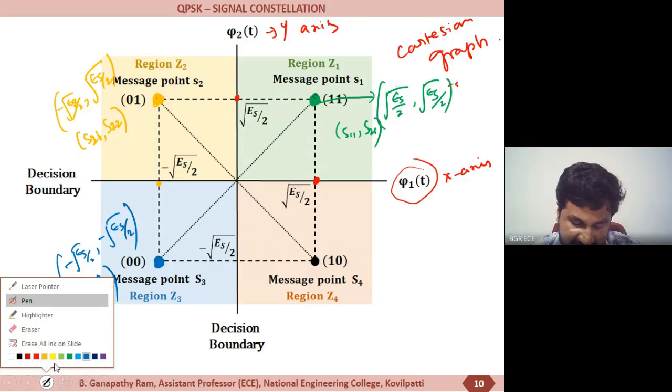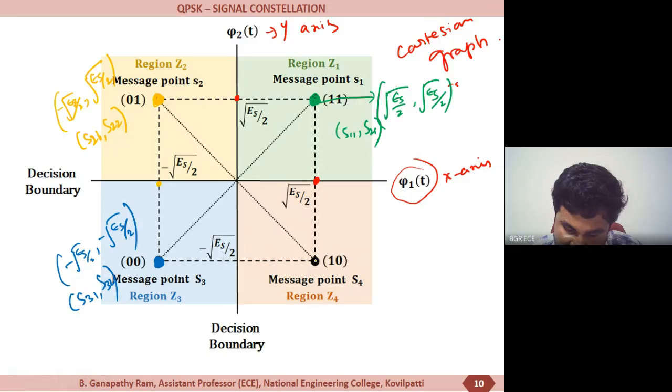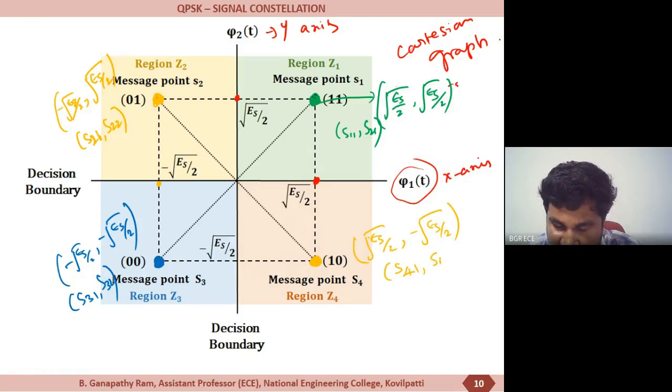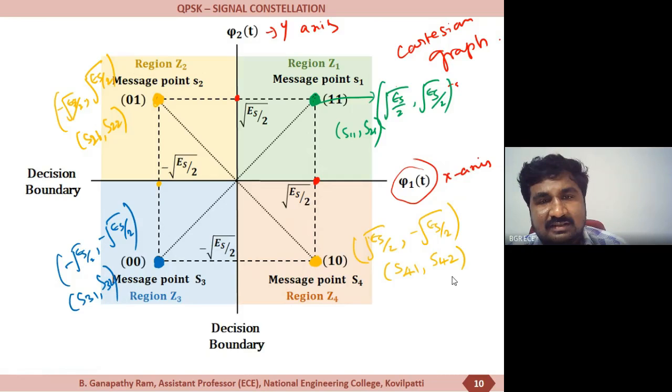And finally, the message point S4 is represented by square root of Es by 2 and minus square root of Es by 2, which is representing S41 and S42. This is the way the signal points are represented in the signal constellation graph.